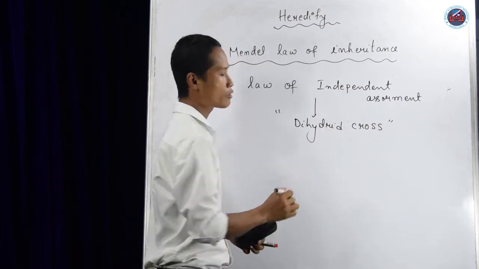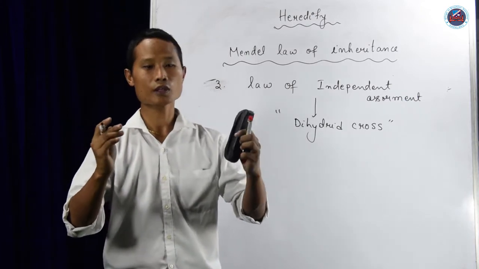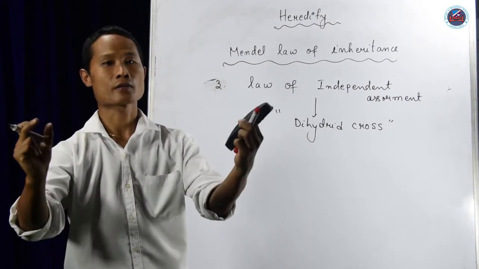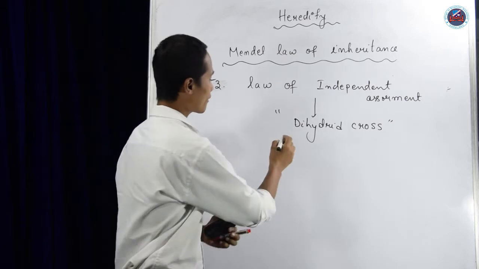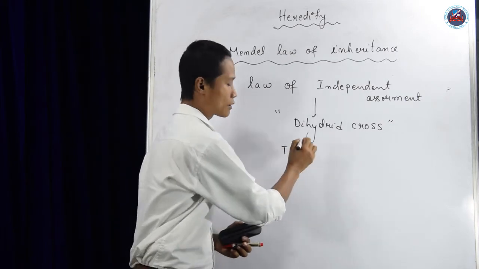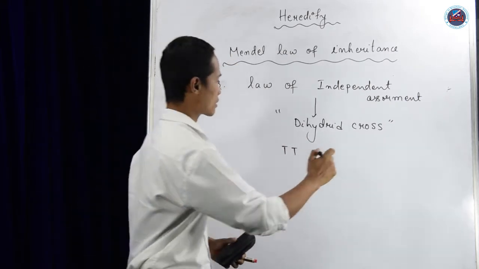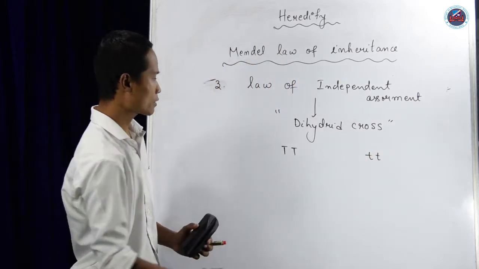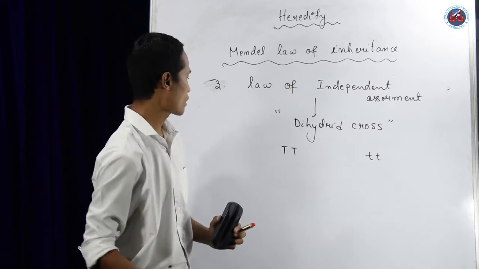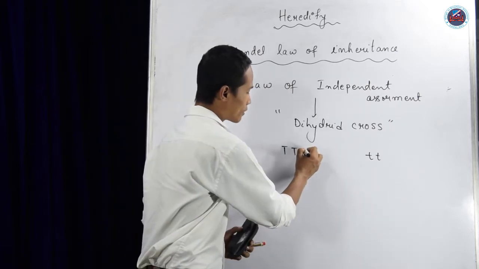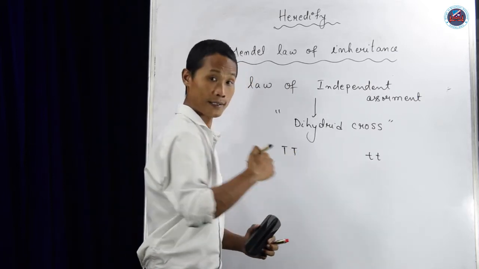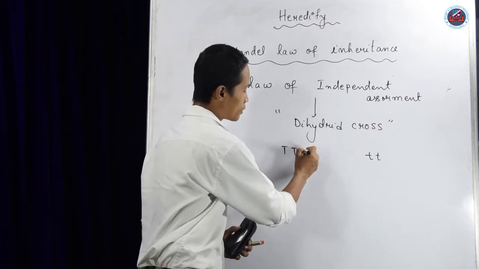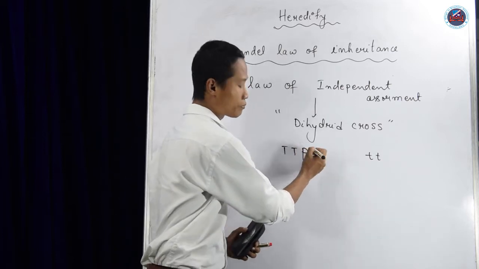Now, what is a dihybrid cross? The crossing between two characters. Just say capital T, capital T is one character. Its contrasting character will be small t, because it will be a dwarf. I'll take another character, for example, purple: capital P, purple.